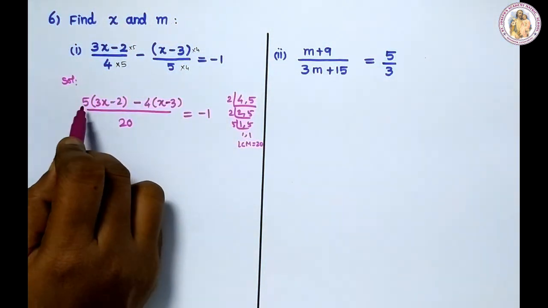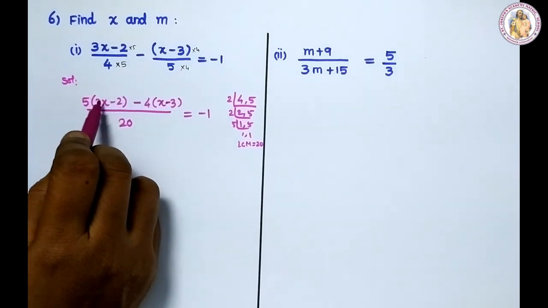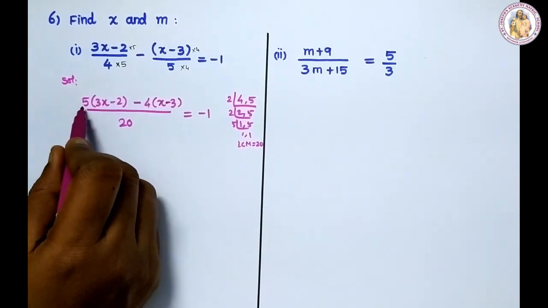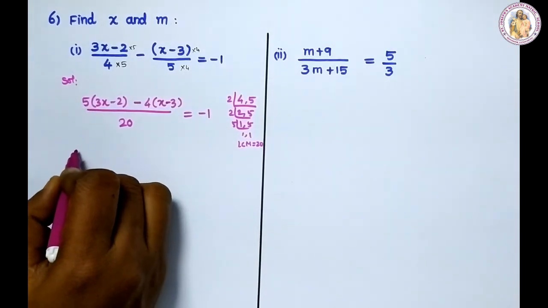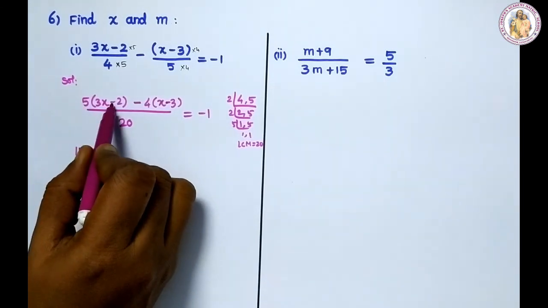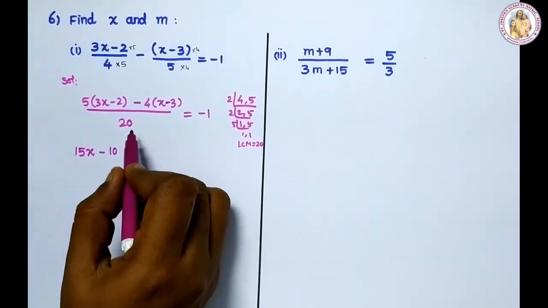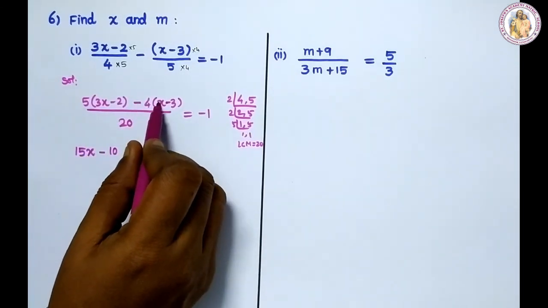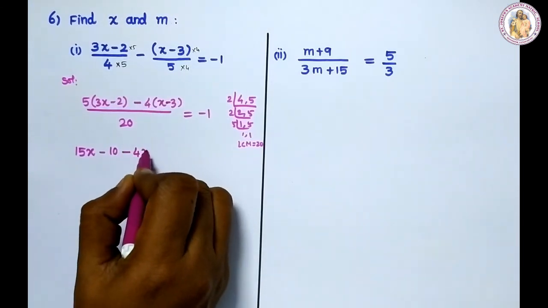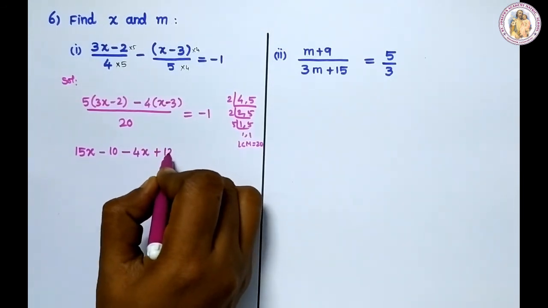Next step, multiply the numbers with the inside numbers. 5 plus into plus, plus 5 3s are 15x. So 15x, plus into minus, minus 5 2s are 10. Minus into plus, minus 4 into x, 4x. Minus into minus, plus 12.